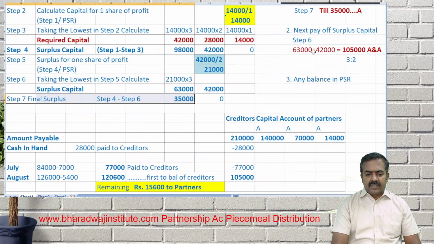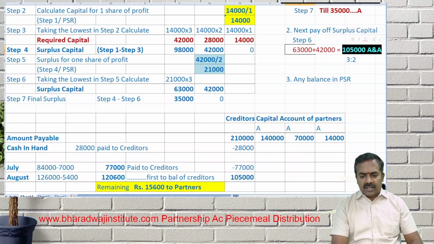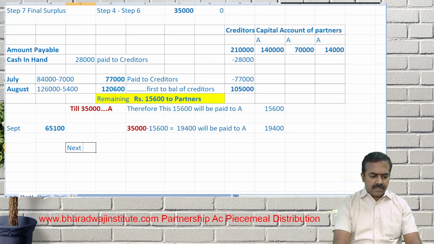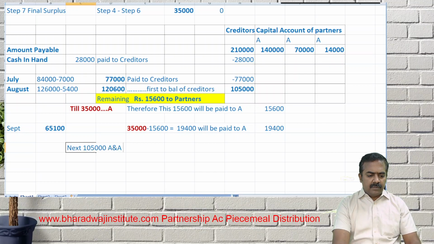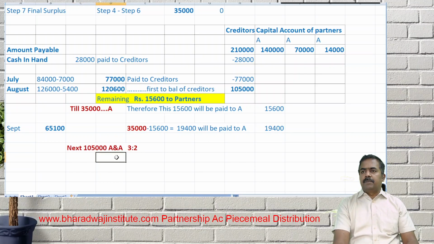Next, what does it say? What should we do next? Next 1,05,000. 1,05,000 will be paid to the first and second partner in which ratio? 3:2 ratio. The next level surplus can be paid to the first and second partner in which ratio? 2:1 ratio. Wait.